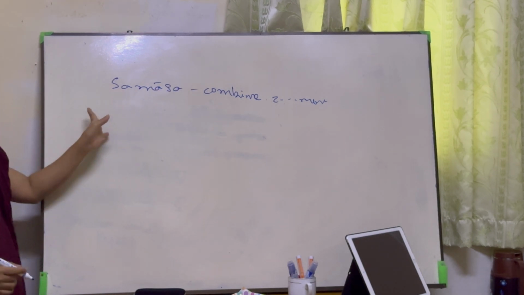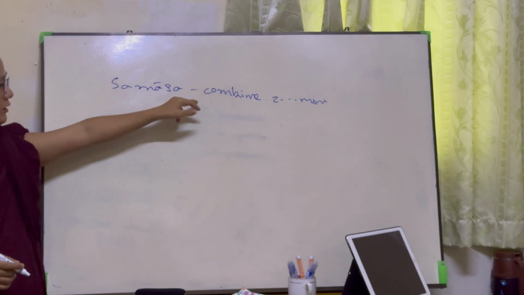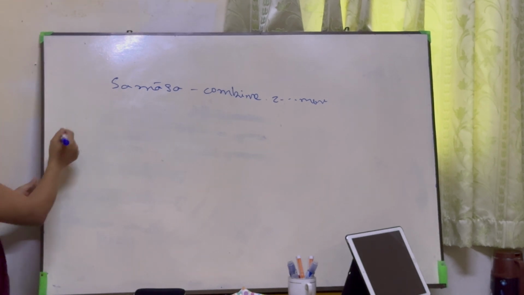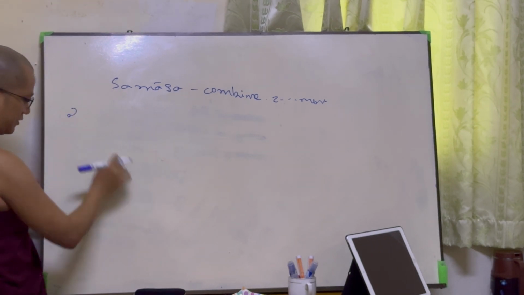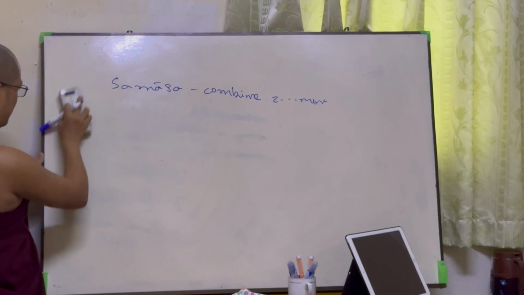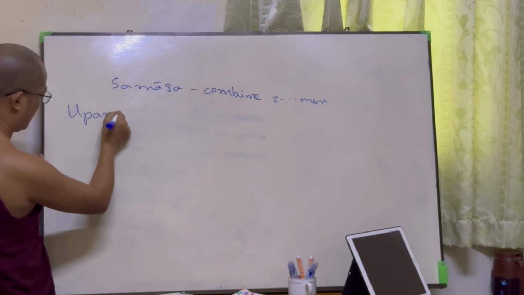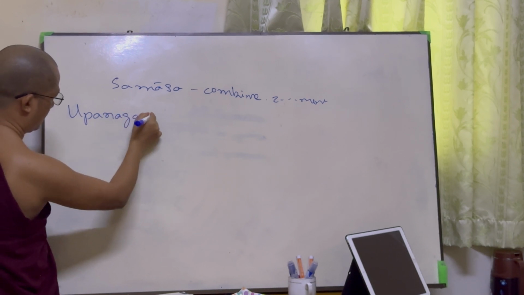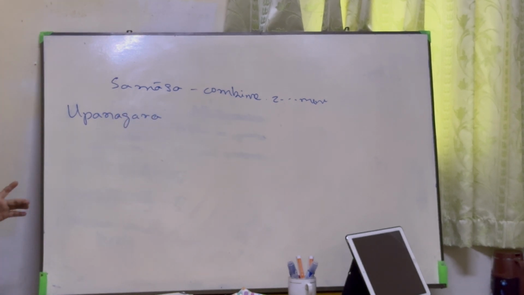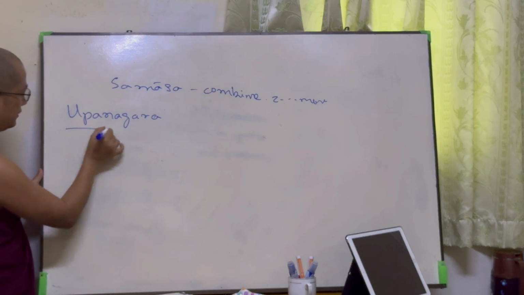Why we need to combine to use the Samāsa means the Upa Nagara. Upa is the prefix.